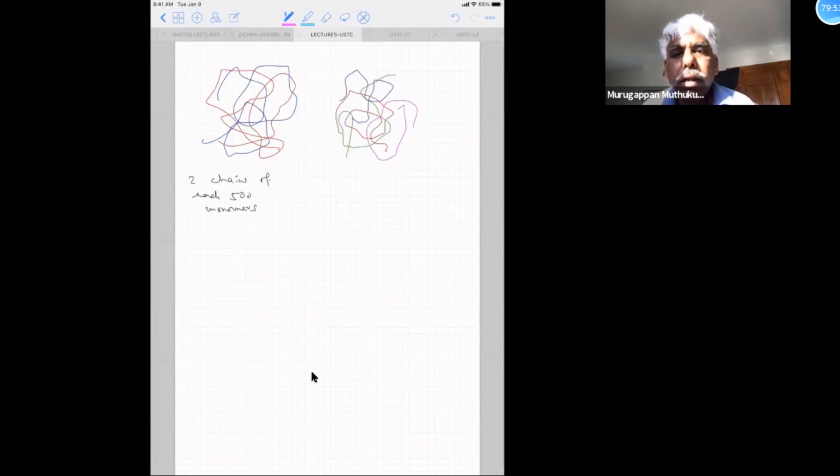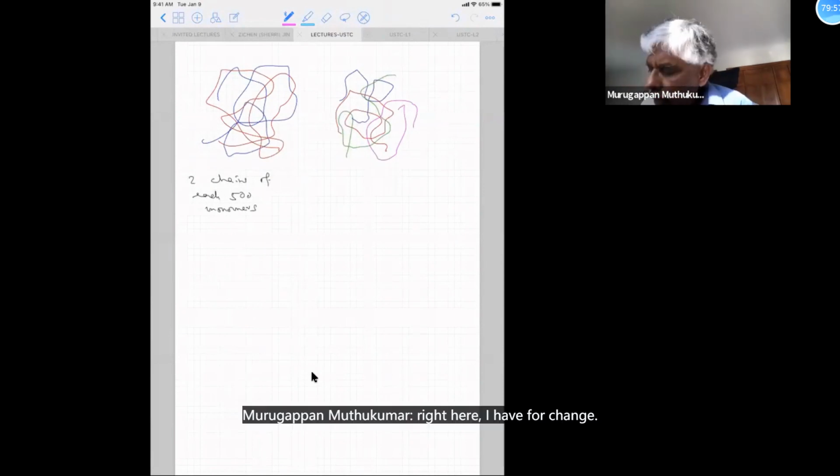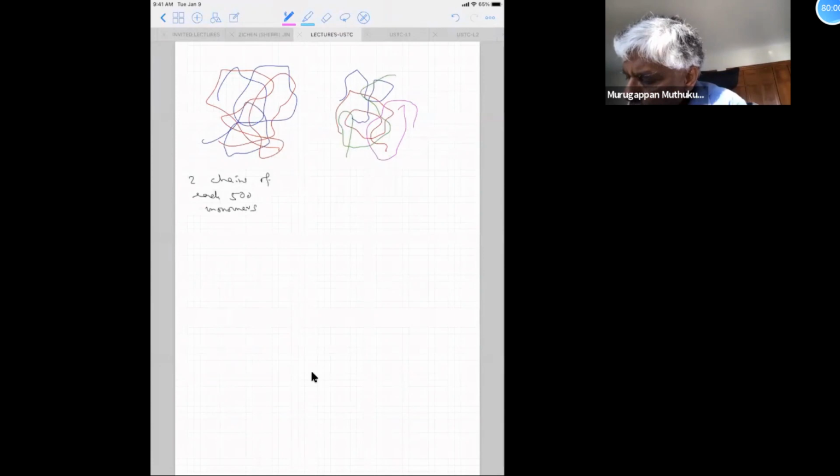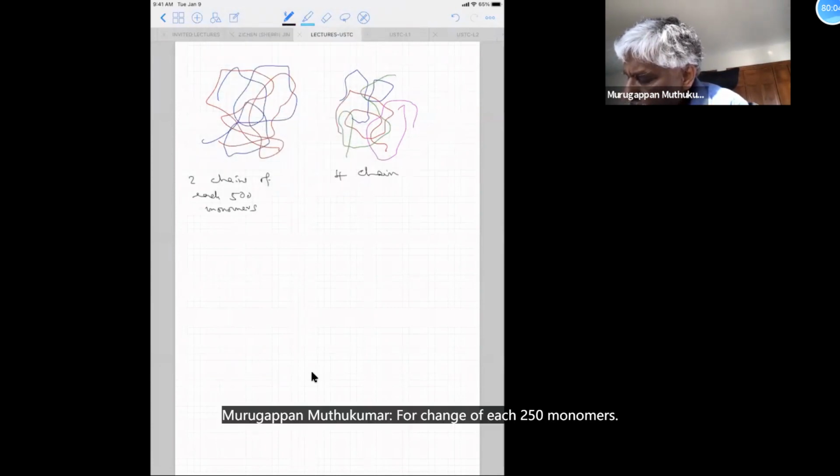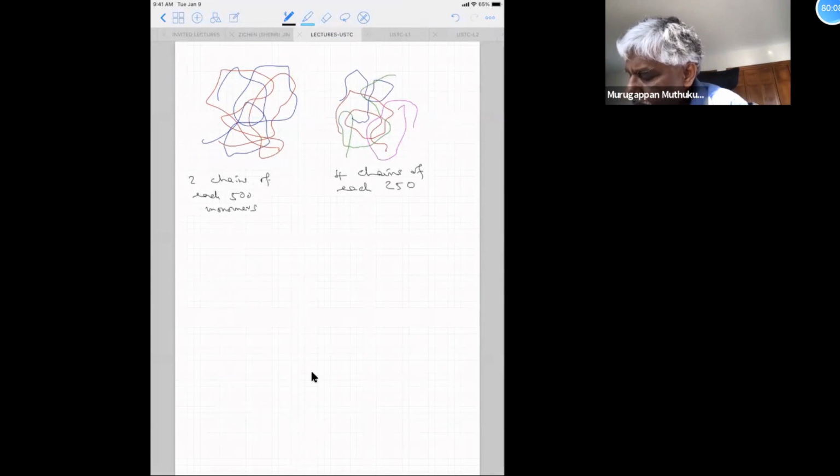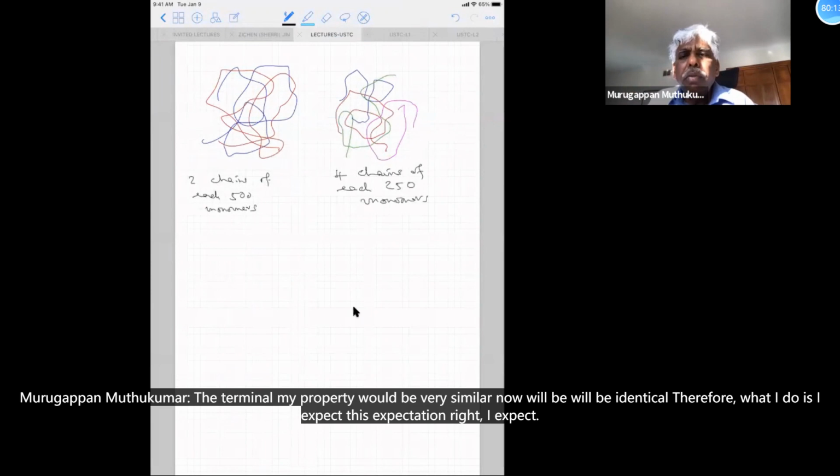I cannot tell the difference. Here I have four chains of 250 monomers each. The thermodynamic property would be very similar, not identical.